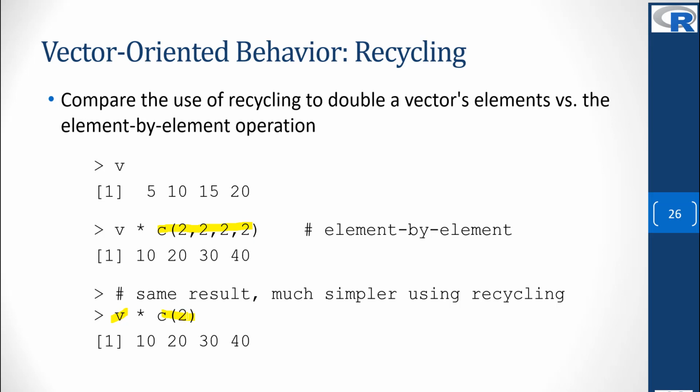We're using recycling, and it's basically going over all 4 elements and doubling it. So V is 5 times 2, and 10 times 2, and 15 times 2, and 20 times 2, based on these original values up at the top. So recycling helps us make our vector-oriented behavior even more efficient when we're doing these operations.